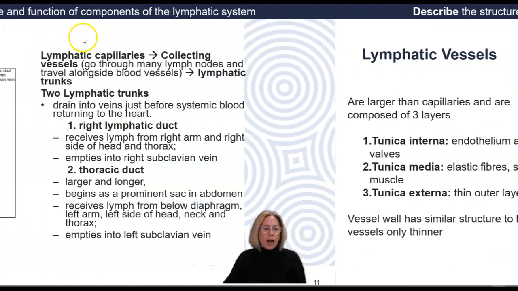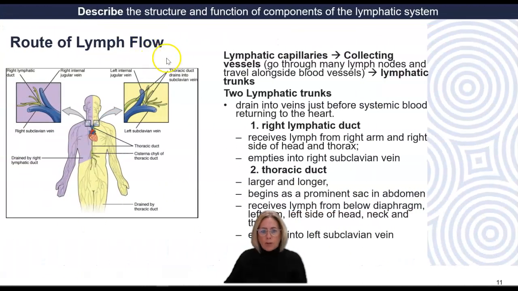So if we look at the route of the flow of lymph, starting from those tiny lymphatic capillaries, which join to form lymphatic vessels, they gradually become bigger. And we've just summarized it here as collecting vessels. And that lymph goes through many lymph nodes, and the vessels all travel alongside blood vessels.